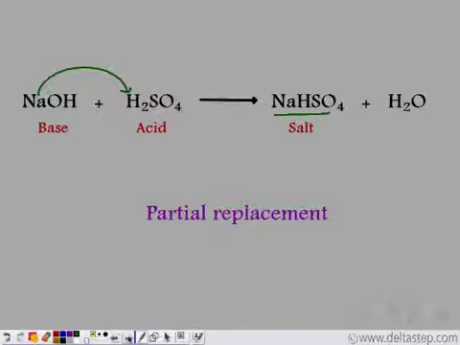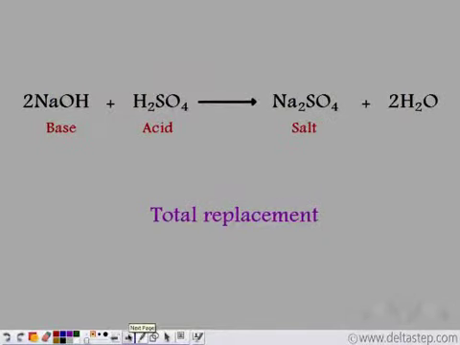And when there is total replacement, in this case again we have an acid H2SO4, the two hydrogen atoms are completely replaced by the sodium atoms. So in this case we get Na2SO4, so this is also a salt. So salt can be prepared by total replacement or partial replacement of the ionizable hydrogen atoms of an acid by a metallic ion.